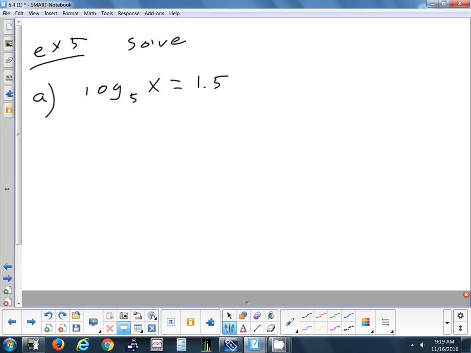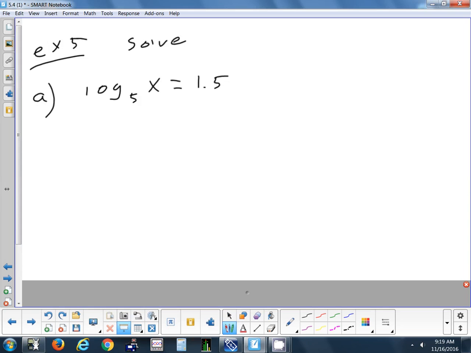All right, so let's try to solve that one. Any suggestions on what I should try to do? Maybe convert that to a fraction. You could, but I don't know if it'd make it easier. We're going to end up typing it in on a calculator, so whether you have a fraction or not, it won't help too much. Let's switch it to the other form. How would you rewrite it? 5 to the 1.5 equals 7.